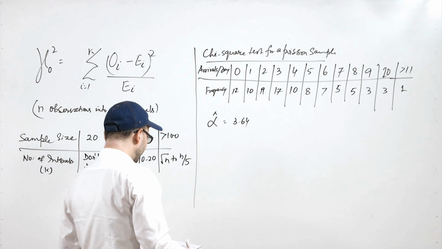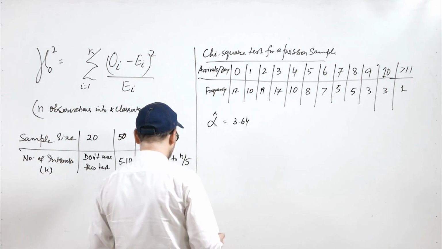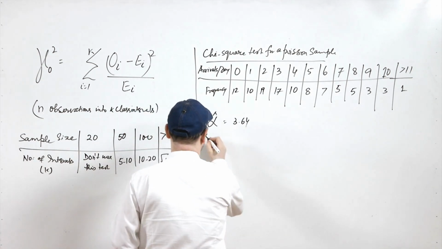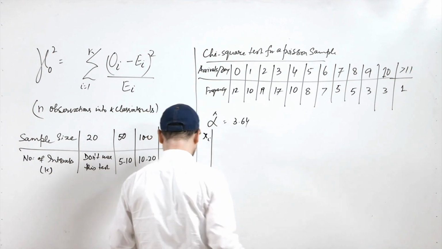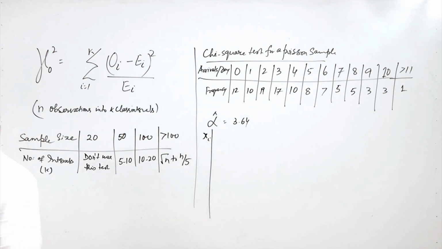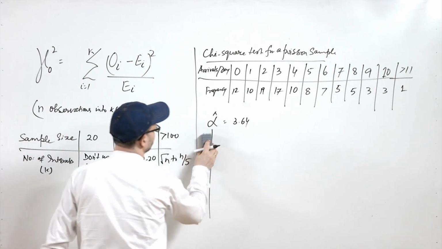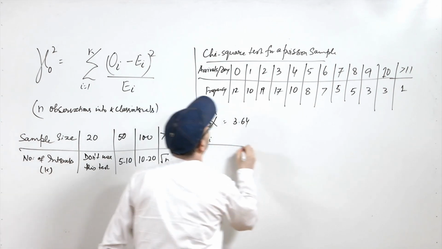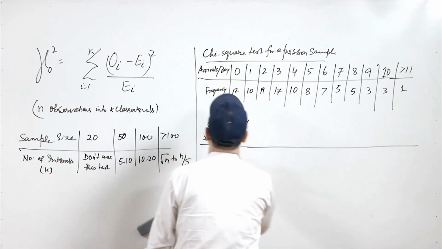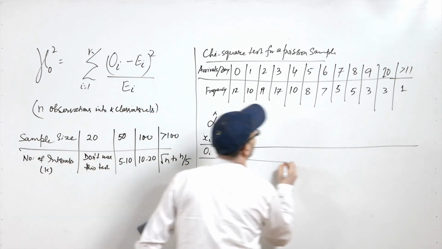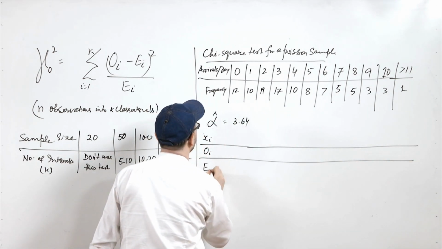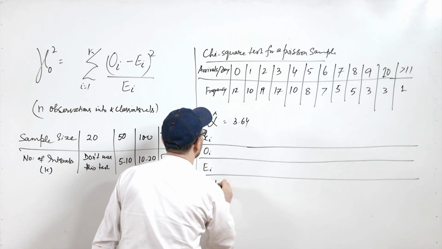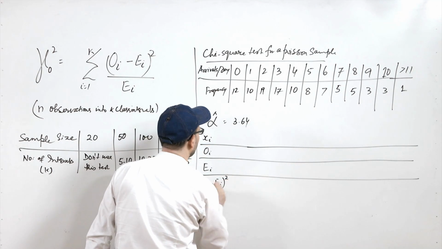Now, you have this data. So, you will have xi, and then Oi, Ei and further the summation of them. Ultimately you have to compute (Oi minus Ei) squared by Ei.